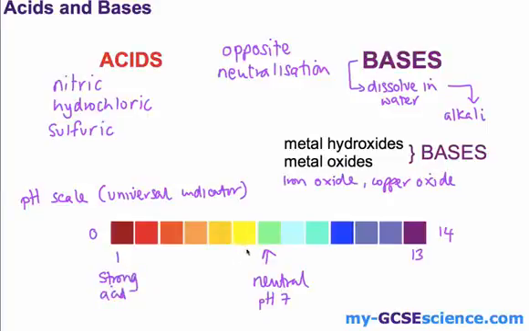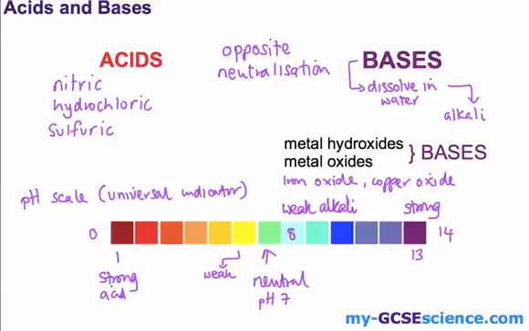At the end, or the side nearer neutral, this would be a weak acid. pH 8 over here just after the 7, that's a weak alkali, and right down the end here this is a strong alkali. Okay, so this is how you use the scale. You can identify how acidic or alkaline something is, and in fact also how strongly acidic or alkaline it is.